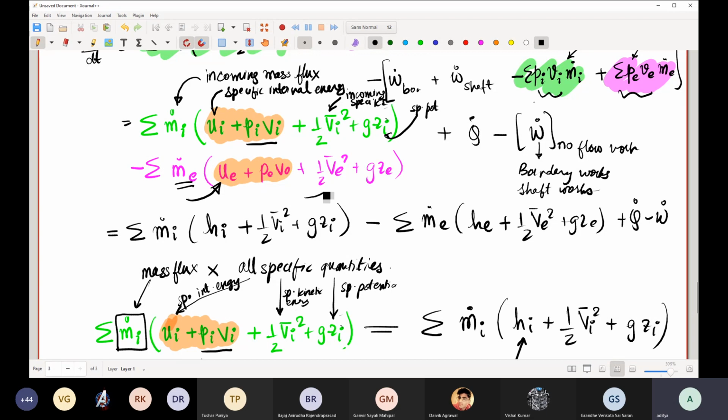It takes away the specific kinetic energy at the exit condition. It takes away the specific potential energy at the exit condition. But at the same time, the boundary has to push that mass out of the system. And in pushing that mass out of the system, it does a specific work equal to P_e V_e, which when you multiply with m dot e, you get the total work done in pushing that mass flux out of the system.